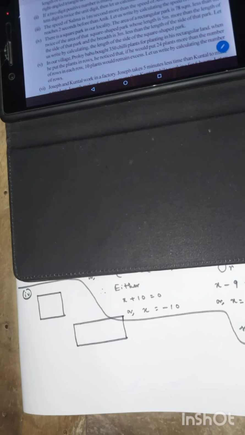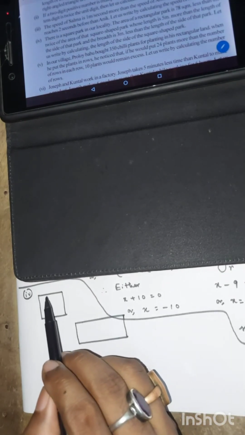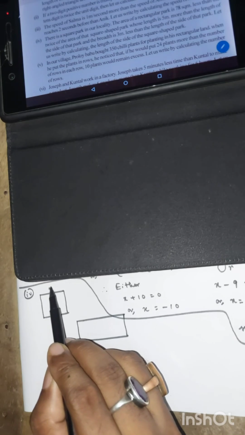So let us try to do it. Question number Roman 4. So let us assume the side of the square park is x.